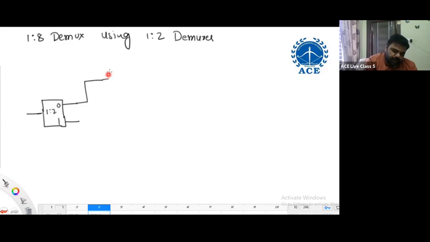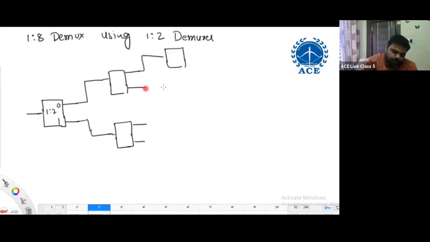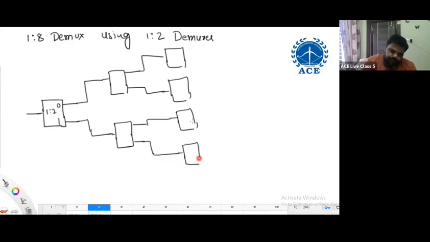Again, this is split into two parts, producing four outputs. But what is the required number of outputs? 8. Again, we have one more level using 4 number of 1:2 demultiplexers. Here 0, 1.